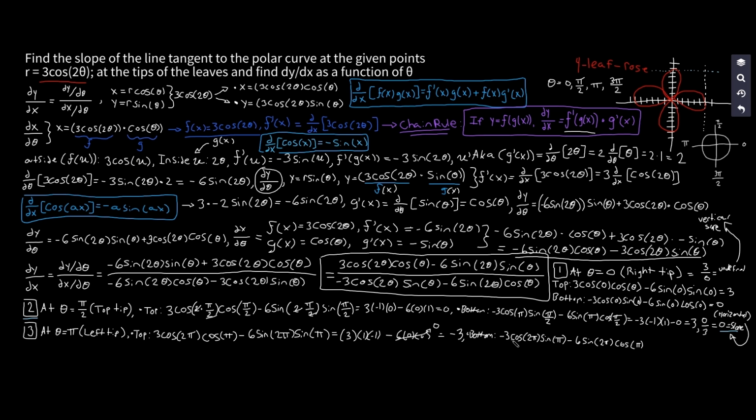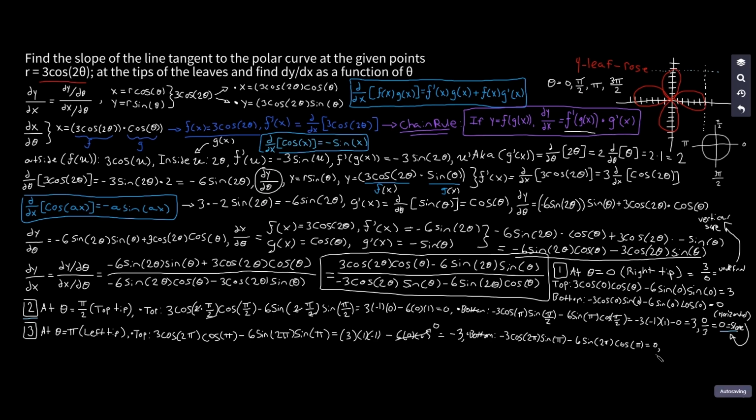So we're going to have -3 times 1 times 0, which is going to be 0, minus 6 sine of 2 pi. Well, sine of 2 pi is 0, so we're going to have 6 times 0 times cosine of pi, which is -1, but -1 times 0 is just 0. So the result is 0.